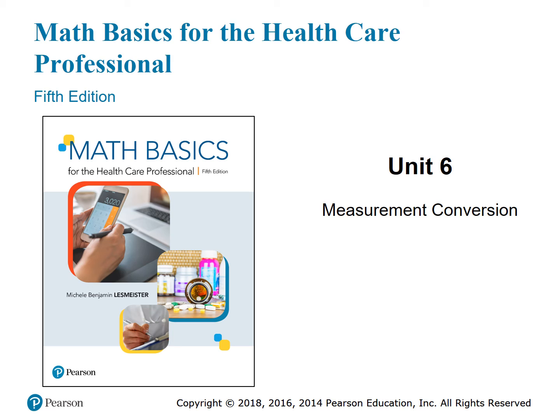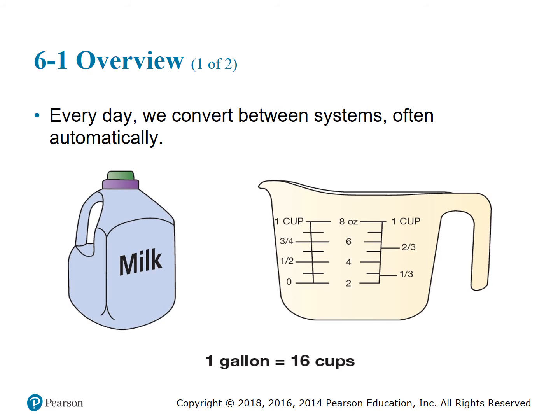All right, so now we are going to talk about Unit 6, which covers measurement conversions. So as healthcare workers, we rely on a variety of math systems to achieve our daily tasks.